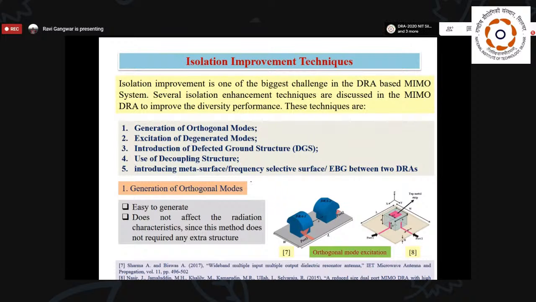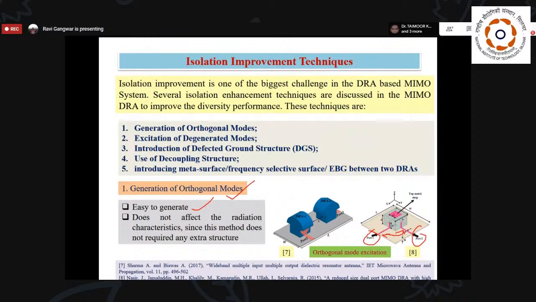The first one is the generation of orthogonal modes. This is one of the easiest techniques to implement in your system. It is easy to generate and does not affect the radiation characteristics, since this method does not require any extra structure. Here you can see that in the orthogonal mode we have port 1 and port 2, and both are orthogonal to each other.